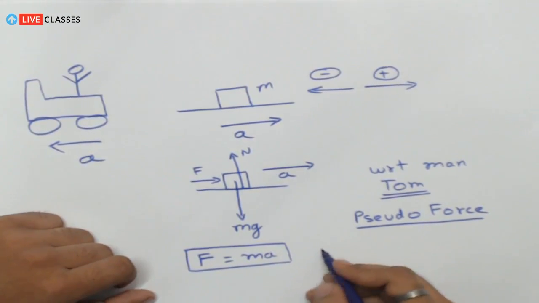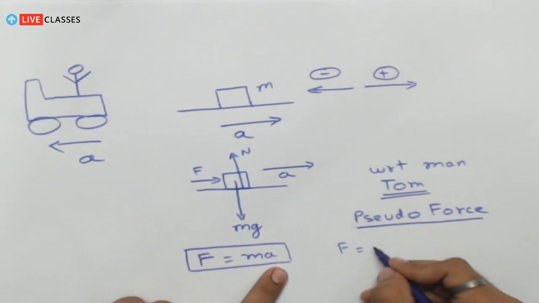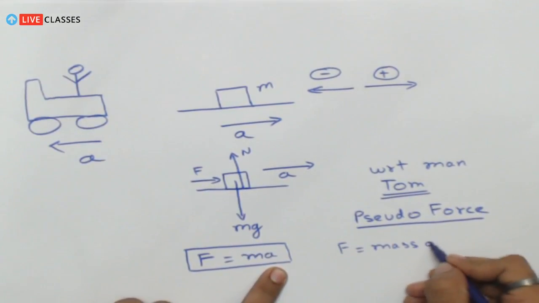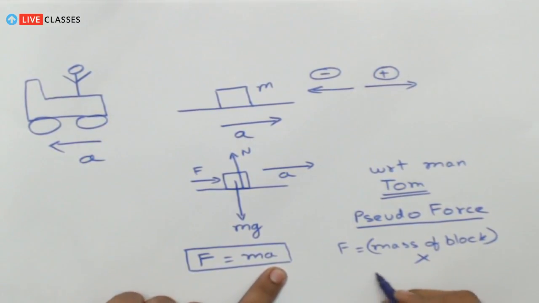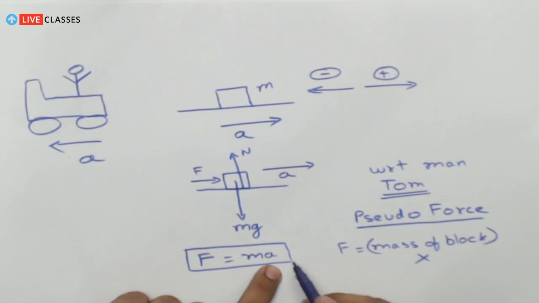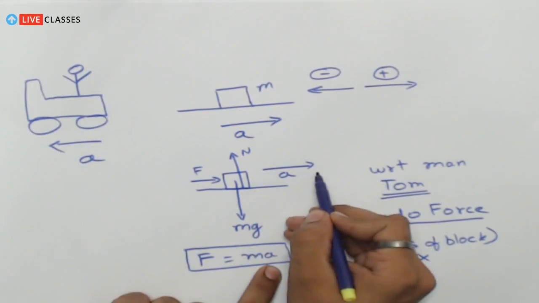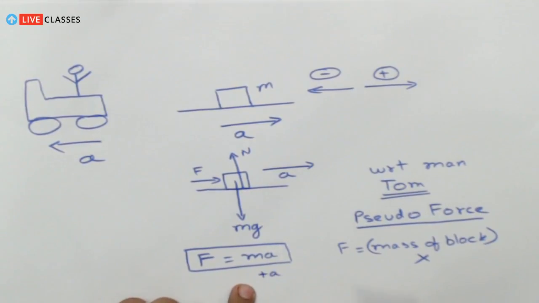F equals m times a, the mass of the block times some acceleration. What is this acceleration? As per our sign convention, the acceleration is on this side with respect to the man, so the acceleration is plus a.